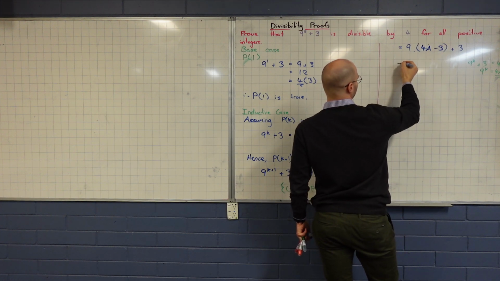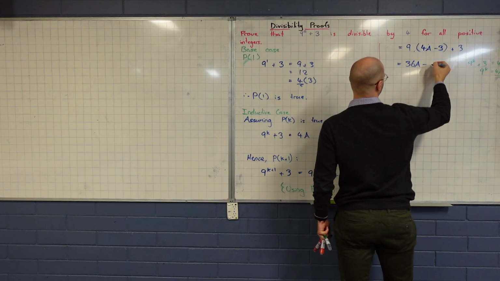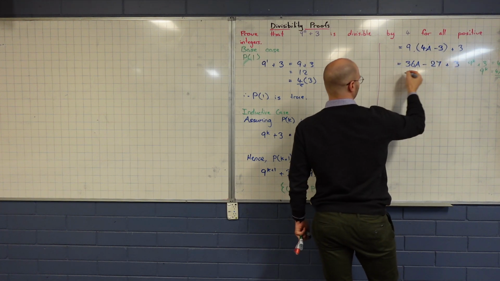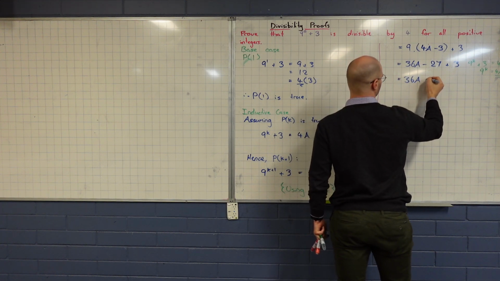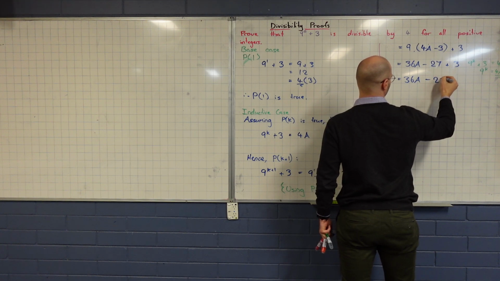And by expanding this out, we're going to get 36a take 27 plus 3. Collecting like terms, that's going to be 24.